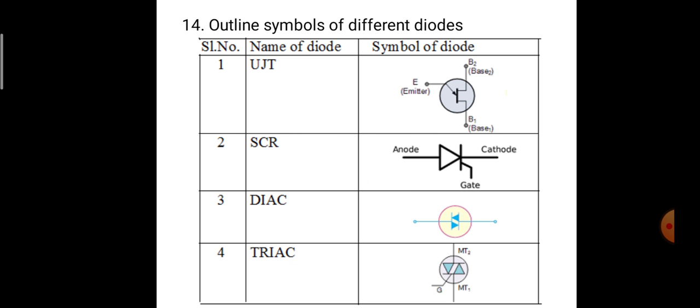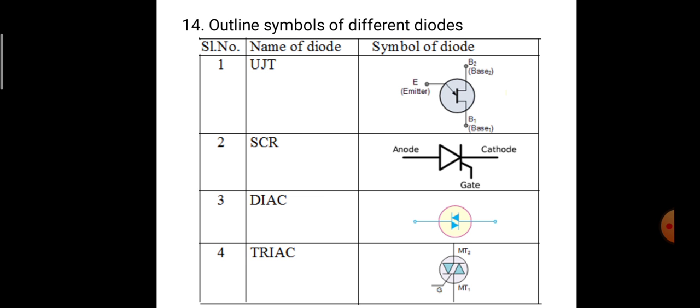Now we are discussing the outline symbols of different diodes. The table shows the name of the diode and the symbol of the diode. The first one is UJT. The UJT consists of three terminals: emitter, base 1, base 2.